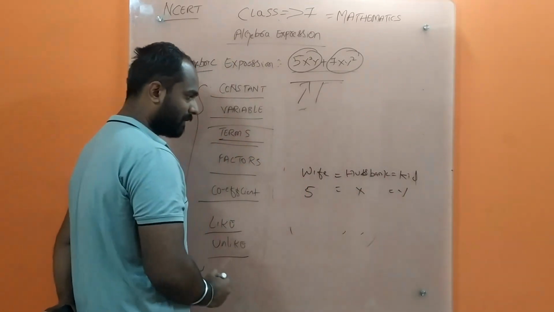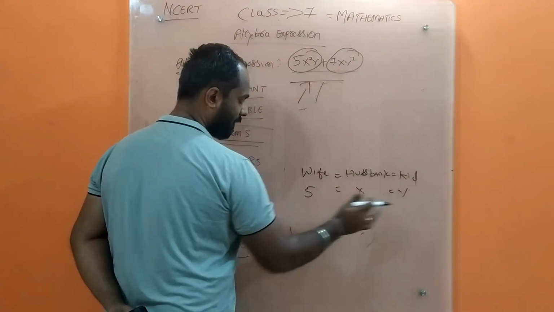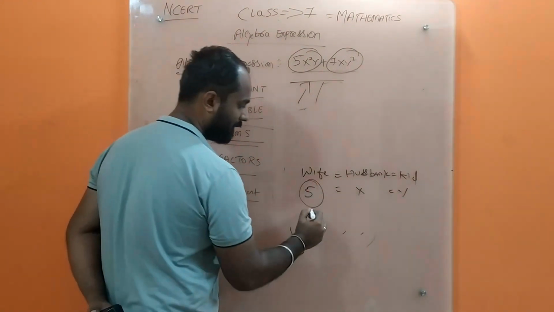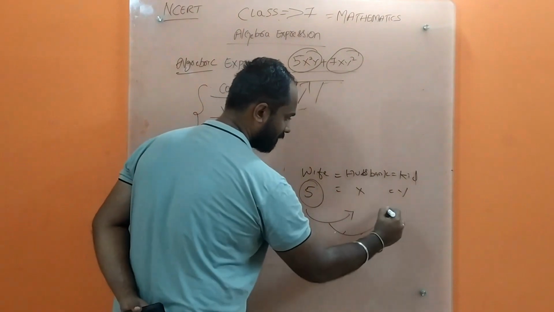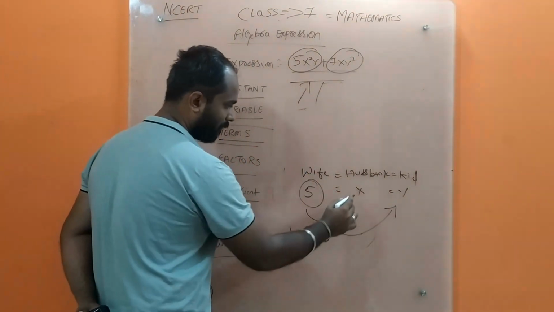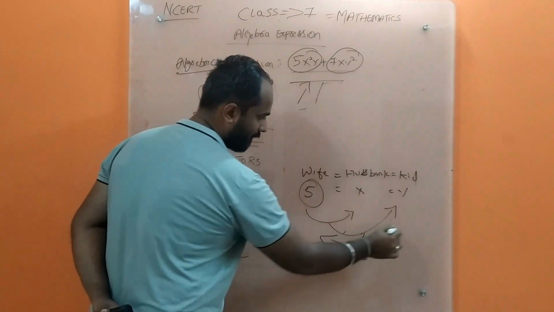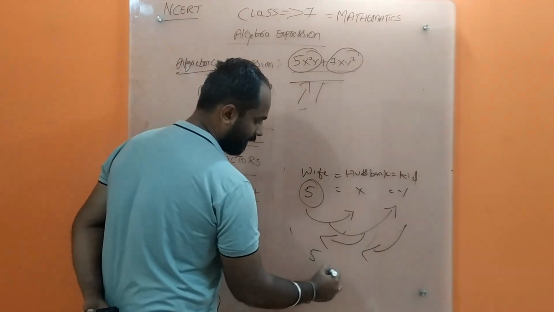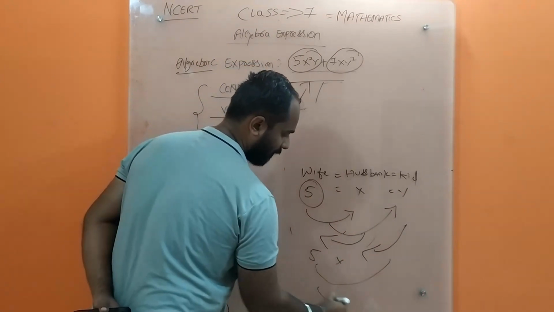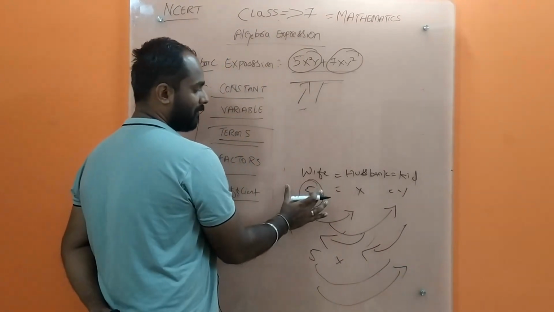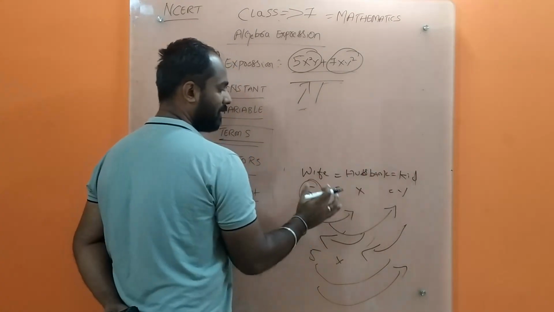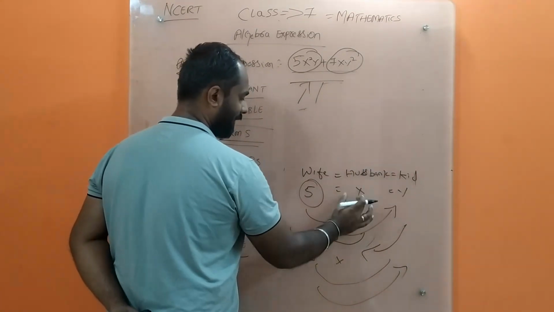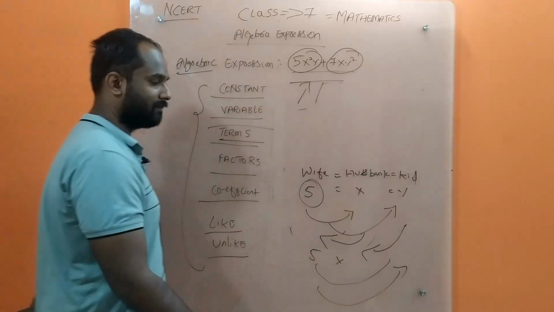So for this 5xy, 5 is a coefficient of xy. For y, 5 and x are its coefficient. So 5 is a coefficient of x and y, x is a coefficient of 5 and y, and 5 and x is a coefficient of y. That's it.